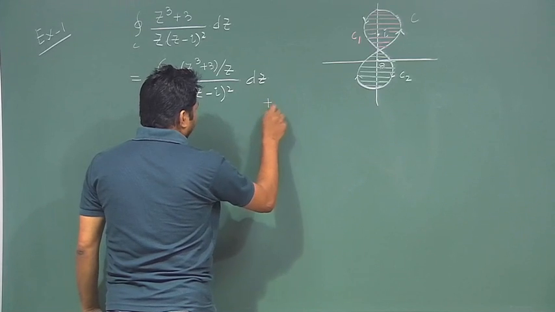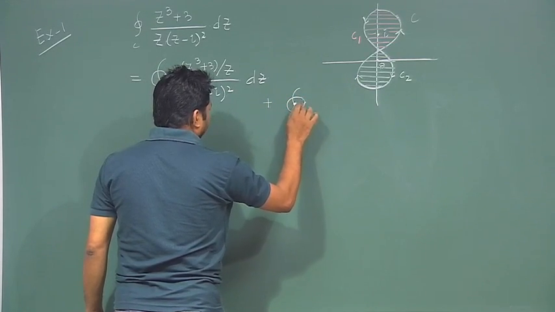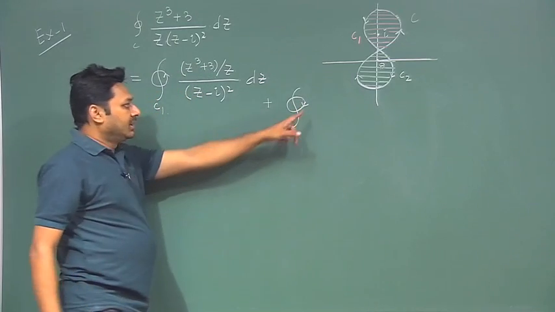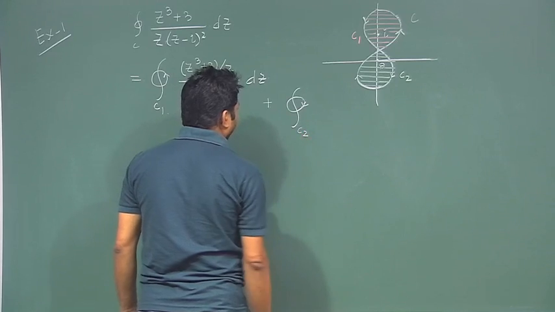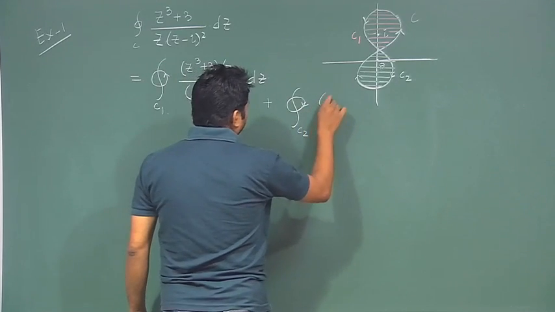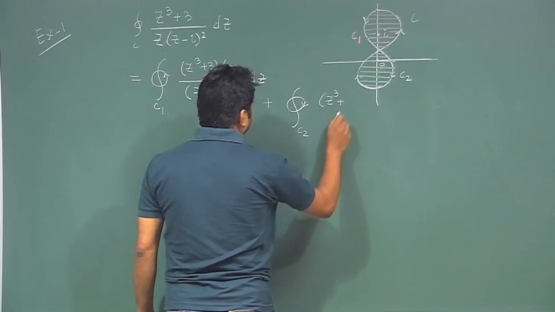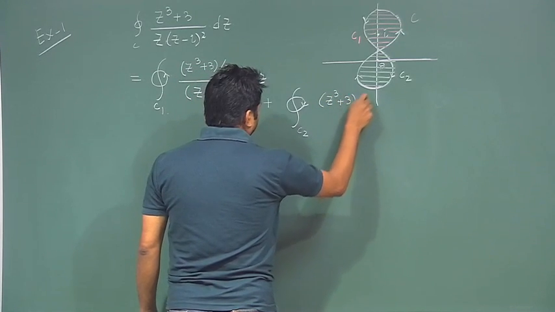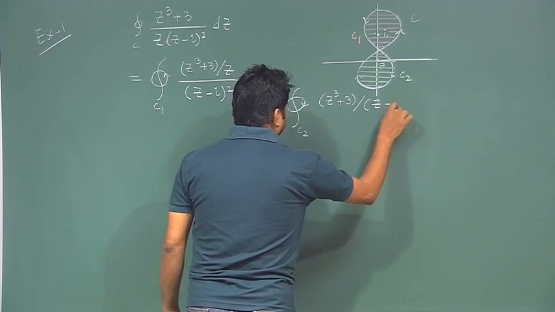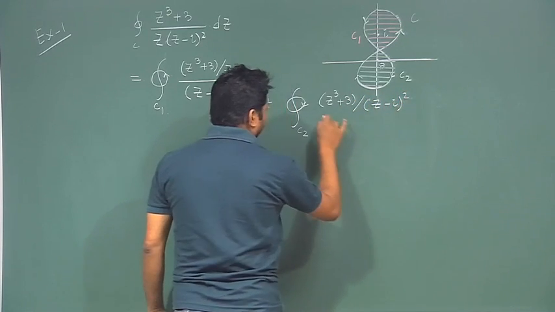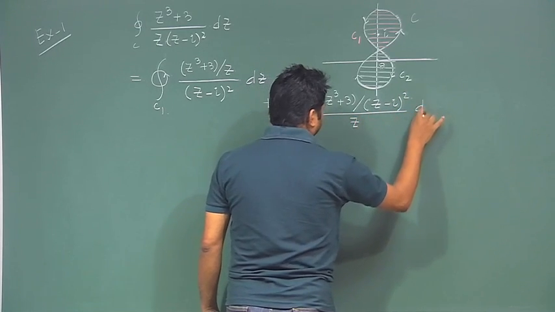Also, I need to add the other part where the direction of the integration is in a different direction, C2, and here I should write it as (z cube plus 3) divided by (z minus i) whole square, whole divided by z dz.